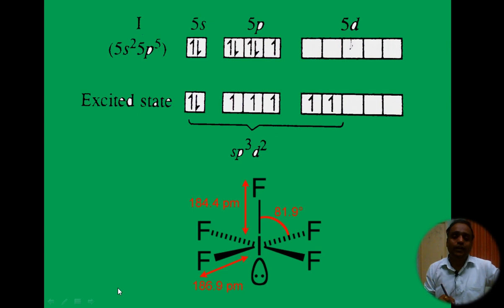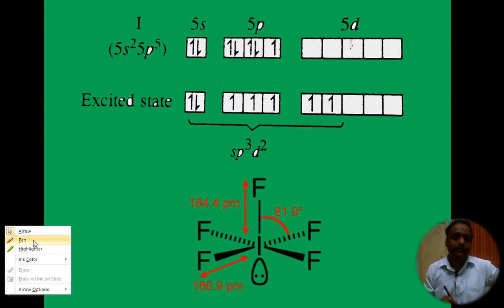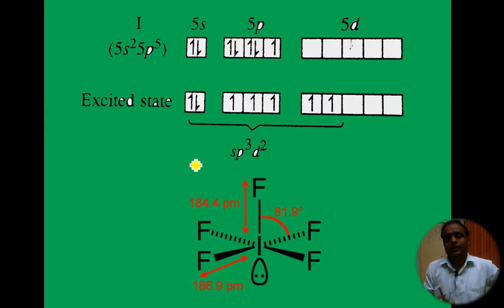So here what happens? We have this 5s and we have this 5p and this 5d. Now in order to accommodate 5 fluorine atoms, these 2 electrons have to move into the 5d orbitals.